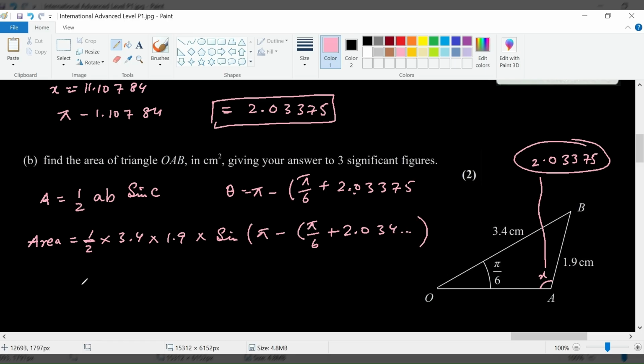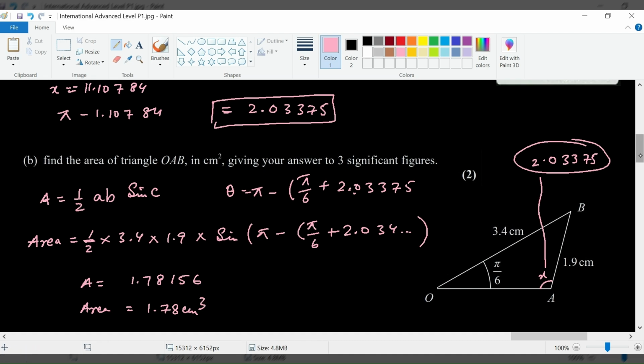Now this calculation should give you 1.78156, and they are asking you to find out in 3 significant figures. So I will write the answer as 1.78 square centimeters. Now this is your answer for part B.